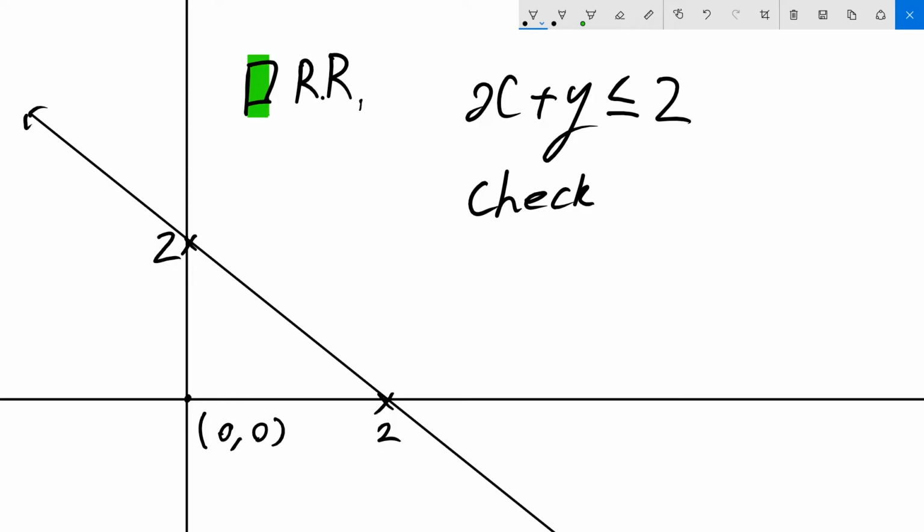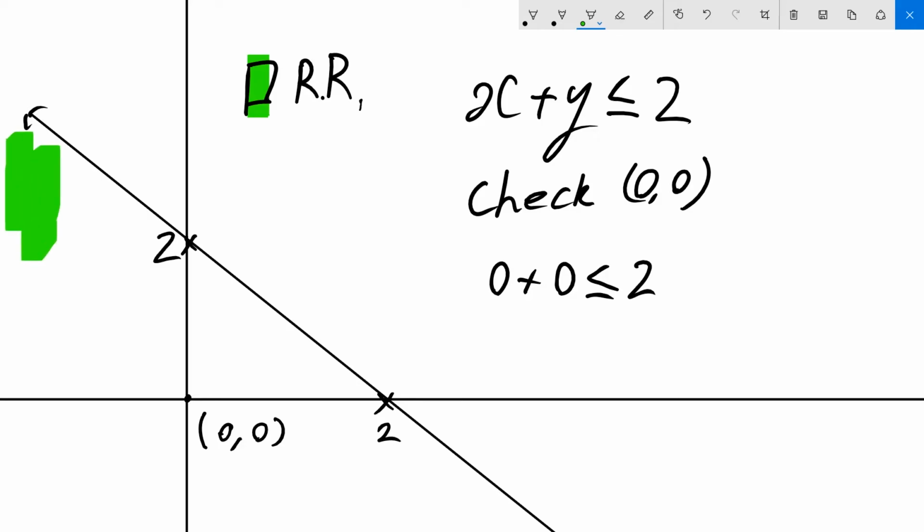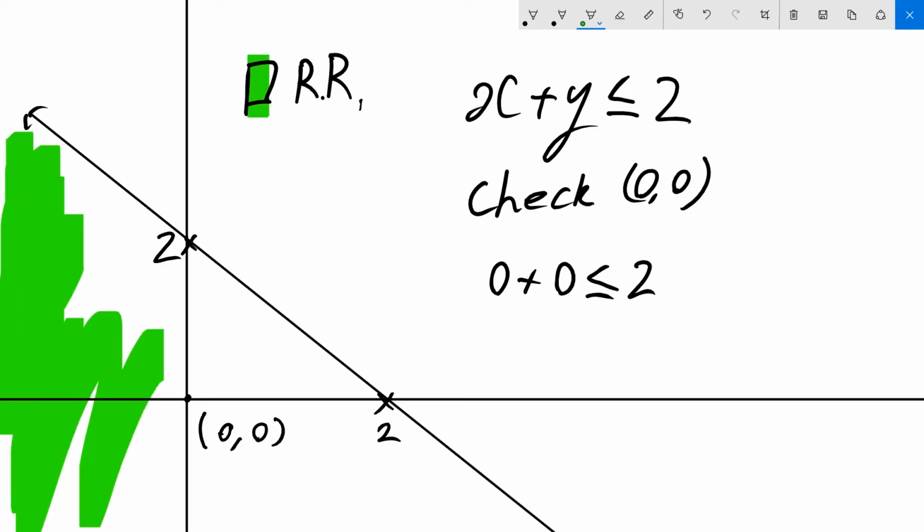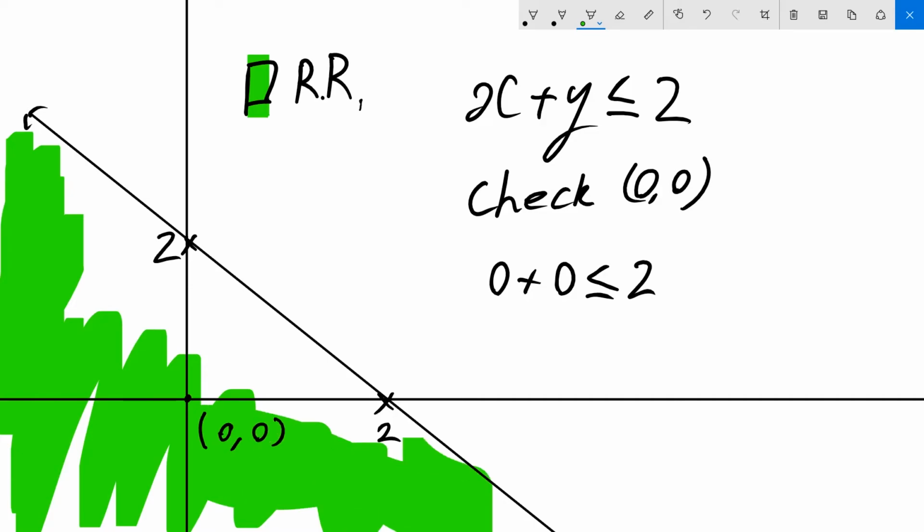So in this case, we'll check 0, 0. So 0 plus 0, is that smaller than or equal to 2? Well, it's smaller than 2, so yes, that point is in the region required. So that means everything below the line here is part of our region required.